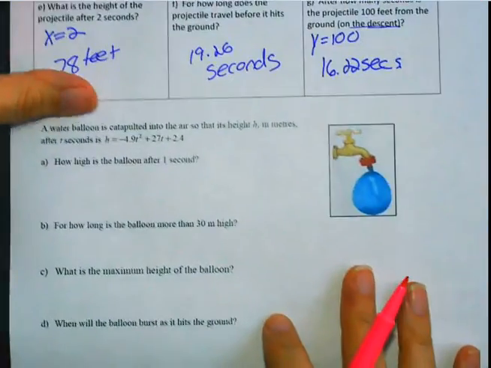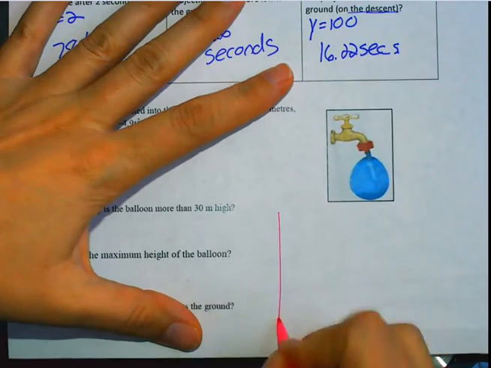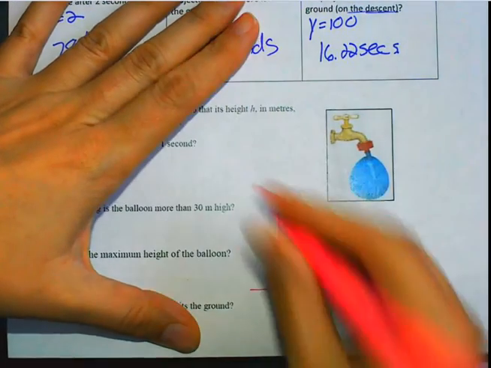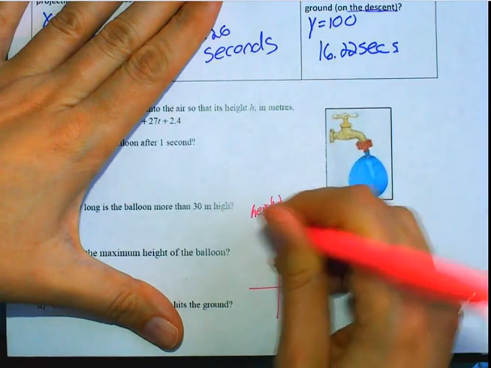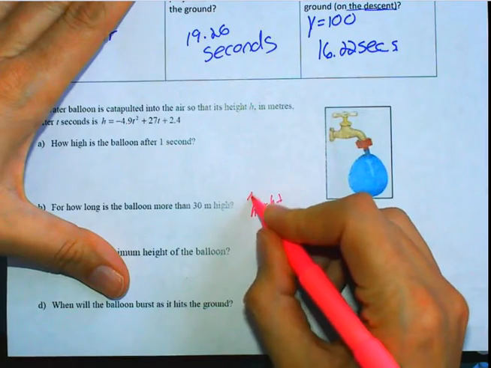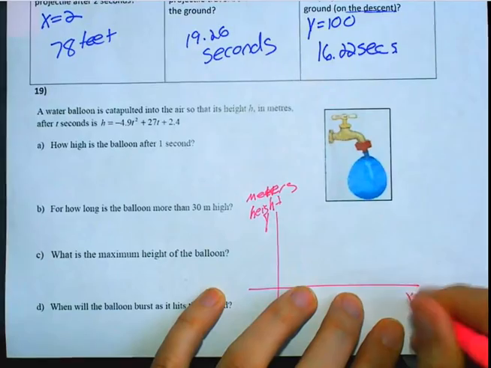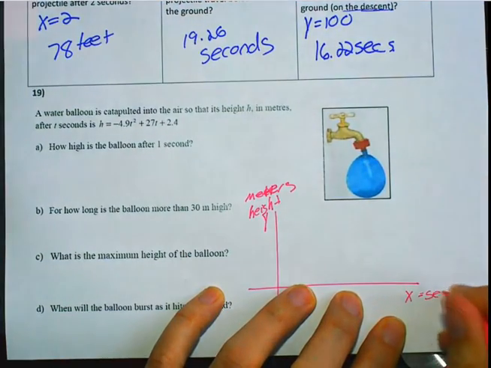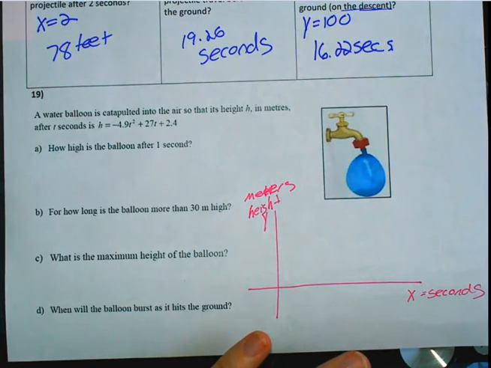So my suggestion is to put this into the calculator and go ahead and sketch out what it's going to look like. Okay, so I have height, which is my y, and this is in meters. And I have x, which again is in seconds. Go ahead and put that into y equals.